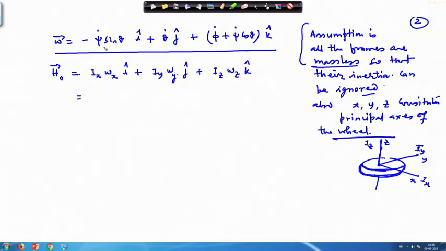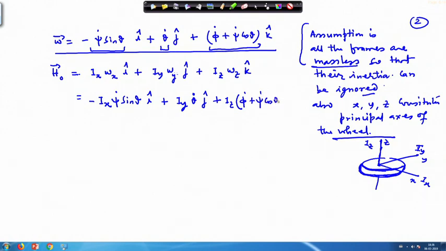The components of omega we know from before, so we can insert them here. So, this becomes I x times minus psi dot sin theta i cap plus I y times theta dot j cap plus I z times phi dot plus psi dot cos theta times k cap. So, this is your H 0, the angular momentum vector.